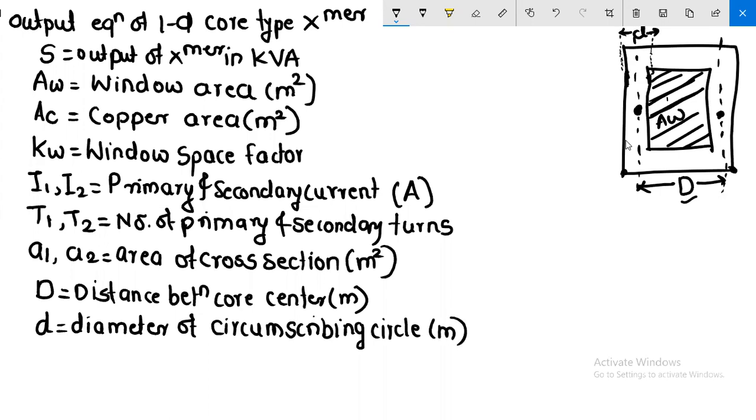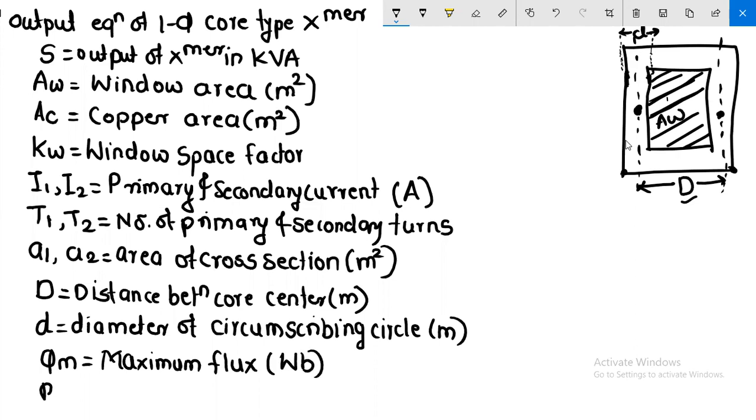Then phi suffix small m, what does that stand for? Phi m is the maximum flux, which we measure in Weber.